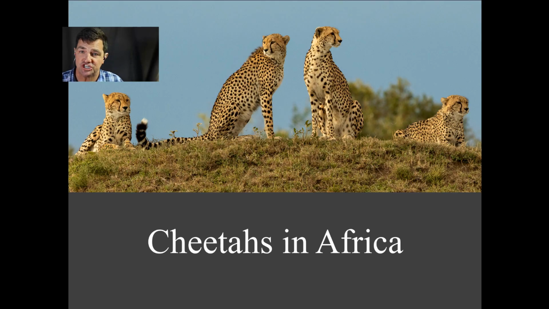If you look at cheetahs in Africa, the cheetah population crashed a long time ago in an event we call a bottleneck. What happens with a bottleneck is you have a very large population that gets wiped out for one reason or another, so that the population dwindles down to a small number, and then that small number reproduces and you end up with a lot of individuals again.